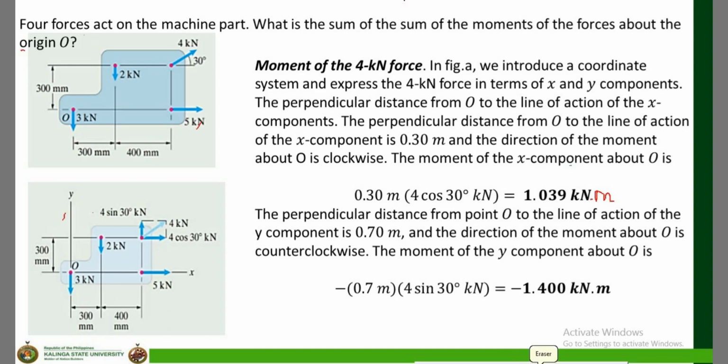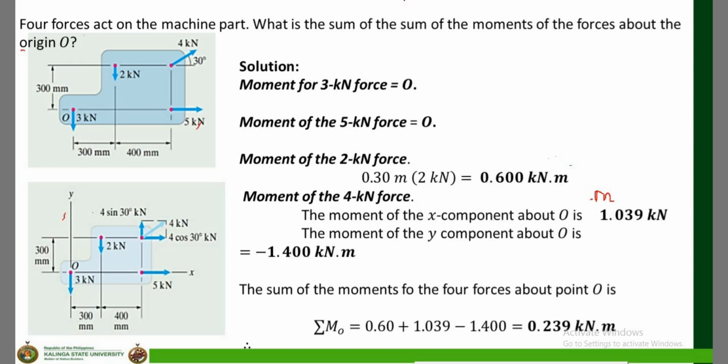This is not yet the final answer, because the problem asks for the sum. So, we need to take the sum of all the moments. The 3 kilonewton force has no moment, so it is 0. The 5 kilonewton force also has no moment. The 2 kilonewton force has 0.6, positive because clockwise.